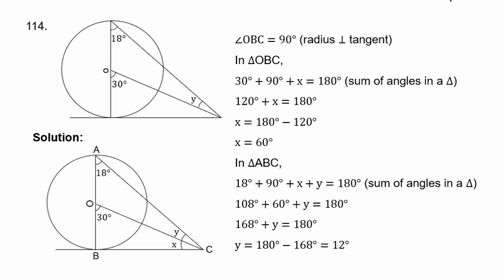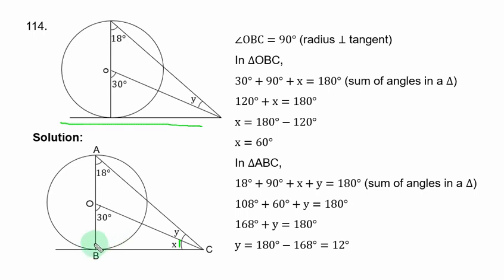Example 114. You have this diagram. You are to find the value of y. Now, for us to find the value of y, we can do it in two ways. First, we can consider triangle OBC. In that triangle, you need S. So we mark this place.